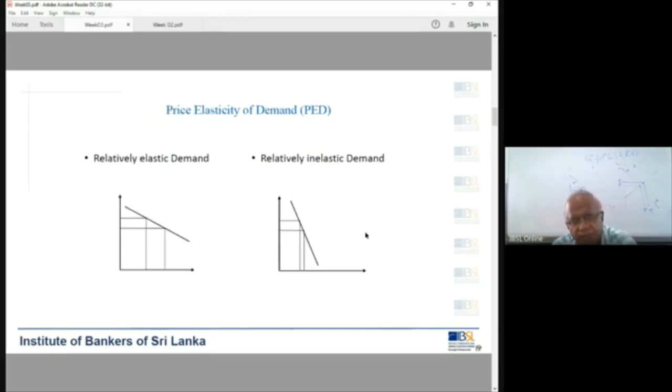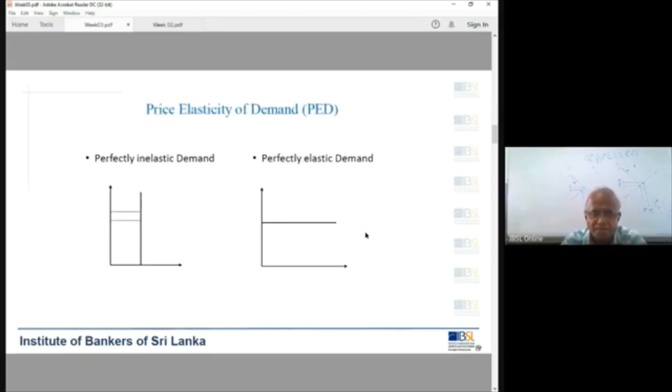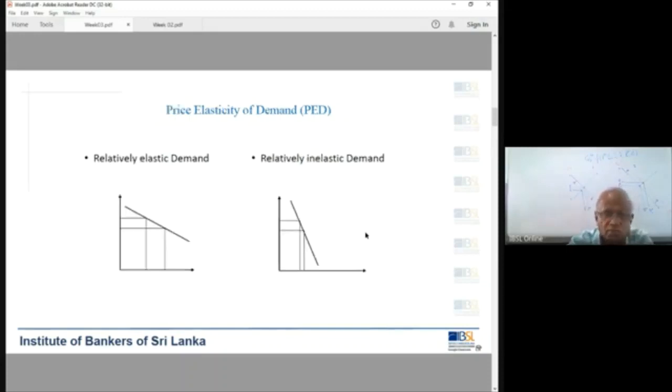The earlier one, relatively elastic, is flatter. The steeper demand curve is inelastic demand. Perfectly inelastic is vertical, and perfectly elastic is a horizontal demand curve. I want you to put P and Q on each diagram: 1% change, 3% change, 1% change, 0.6% change.